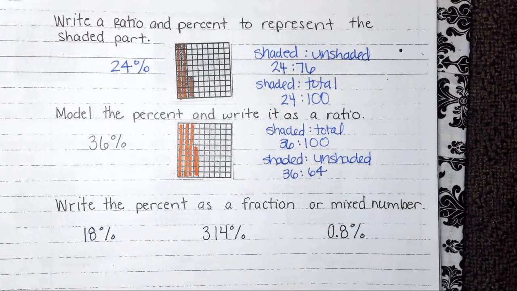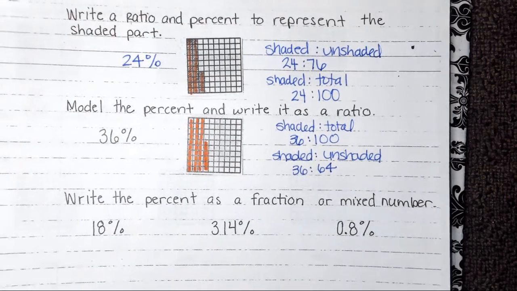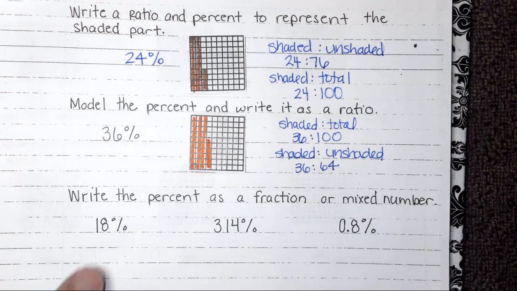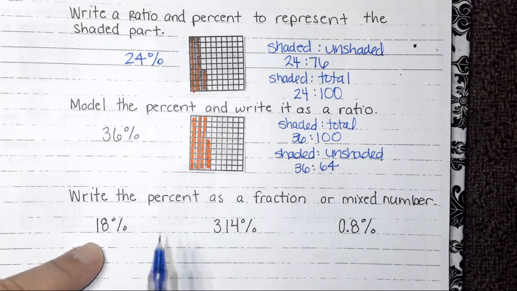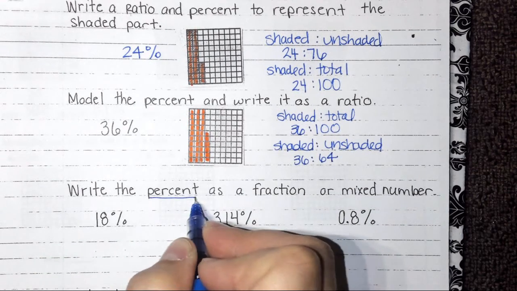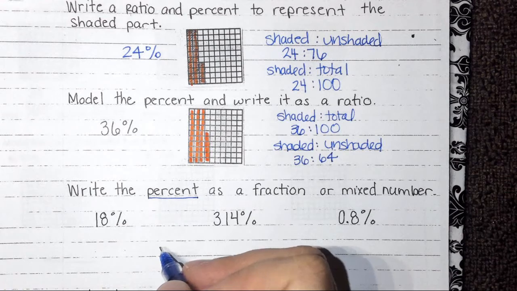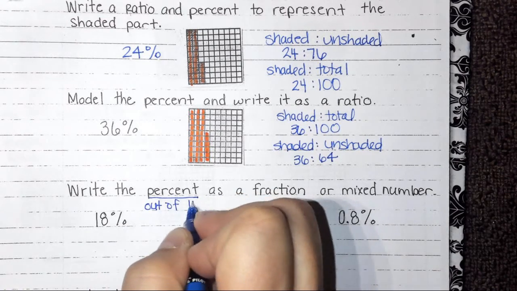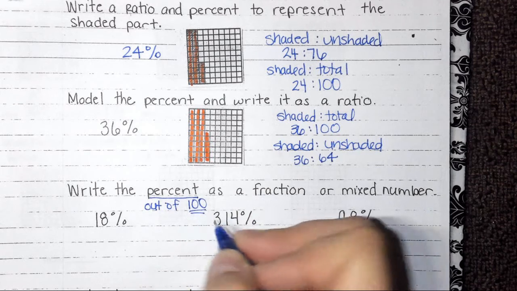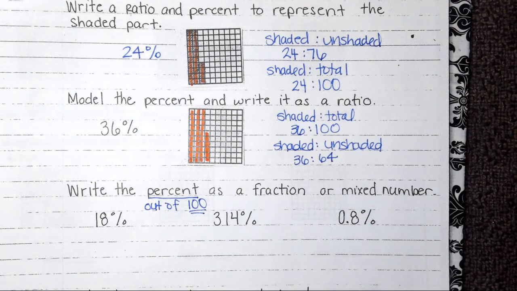How would I write this percentage that we just talked about up here as a fraction? What does percent mean? This word percent. Perfect. Out of 100. Remember, cent, like century, centennial, a cent out of a dollar, it all means 100.